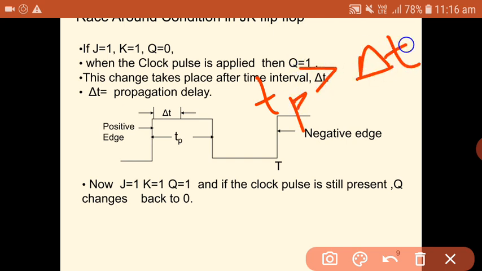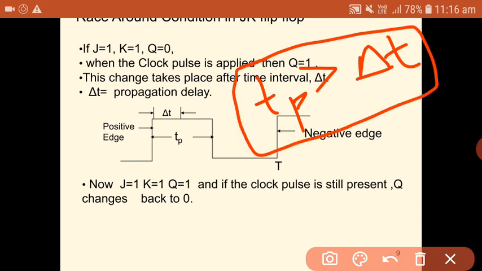So this is the problem. This is the reason for race around condition in JK flip flop for the J is equal to 1 and K is equal to 1 combination. If the clock pulse Tp is greater than propagation delay, then what will happen?